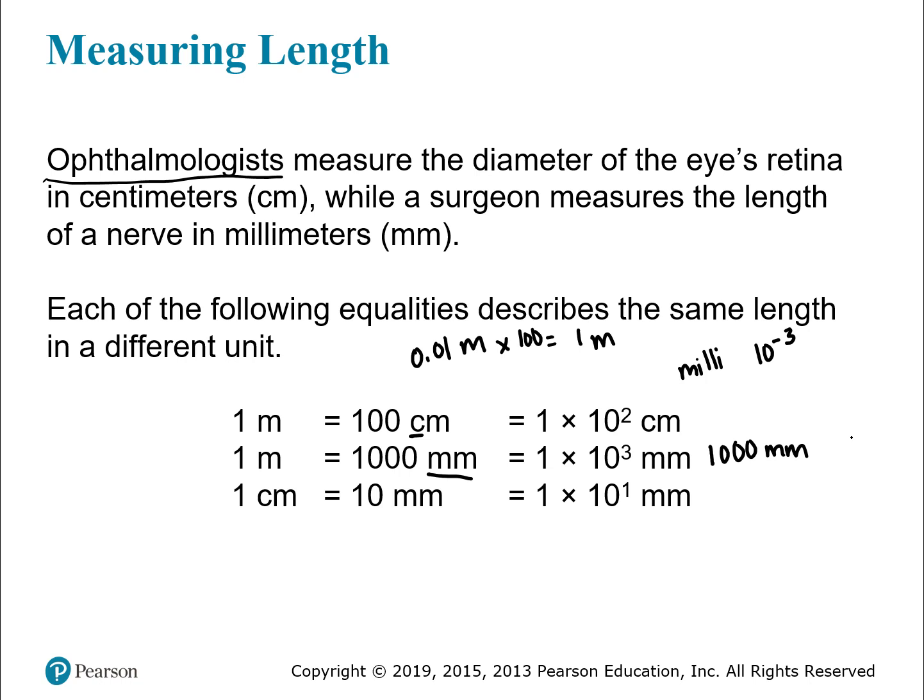If you have 1 centimeter, you're going to need to have 10 millimeters, because the difference between these two, we've got 10 to the minus 2 meters and 10 to the minus 3 meters when we're talking about a centimeter versus a millimeter. So there's a power of 10 difference. This last one is a little bit trickier to understand than the other two.